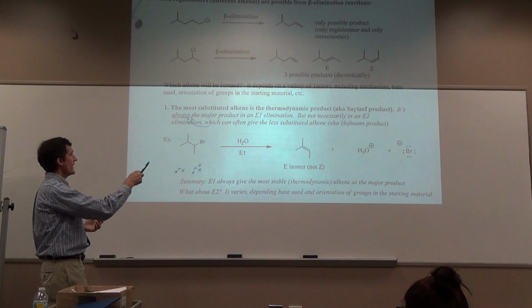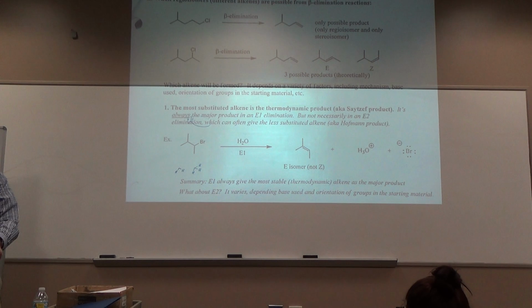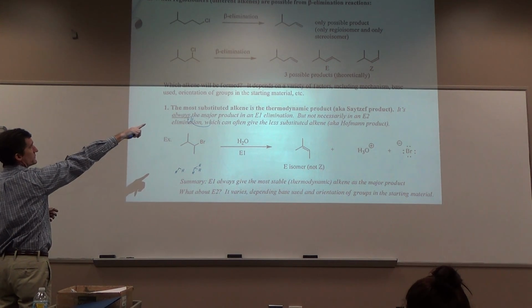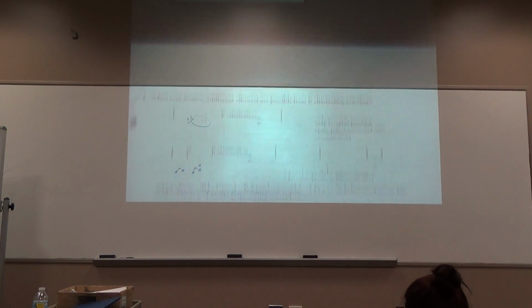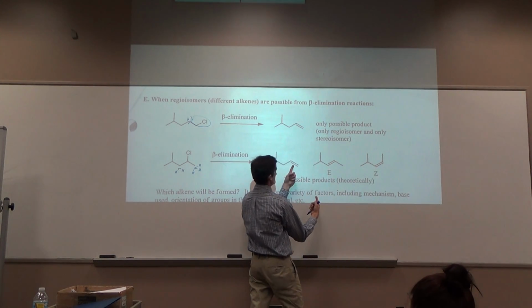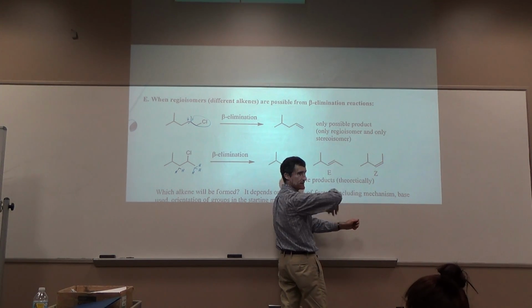Now, the Zaitsev product is always the major product with an E1. If you're doing E1, the major product is Zaitsev, that is the most substituted. Not only is it the most substituted, but it's also the most stable isomer. So if the reaction up there that gave three products was E1, which product would be favored? Which of the three is the most stable? These two are more substituted because that one's monosubstituted. But of these two, which is most stable? Trans, the groups are opposite. That goes back to rotation and stuff.